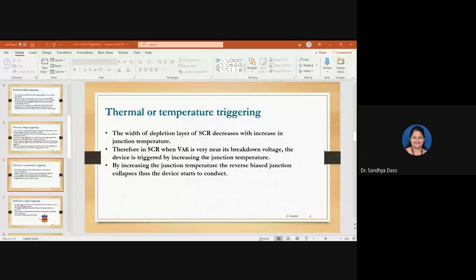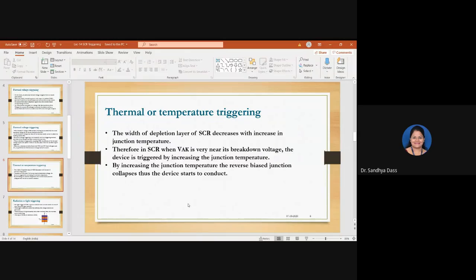What do you mean by mobility? It is nothing but freedom to move, right? In semiconductor, both mobility and carrier concentration depend on the temperature, okay? So as you increase temperature, the conductivity will increase, because the mobility of the charge carriers increases, which in turn increases the conduction.